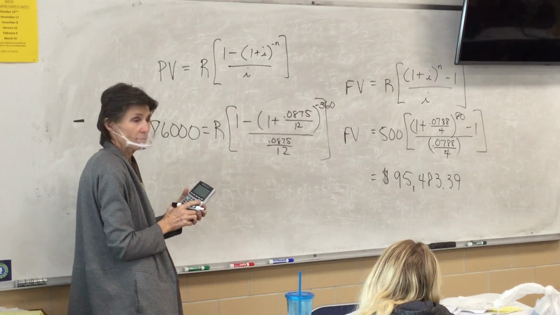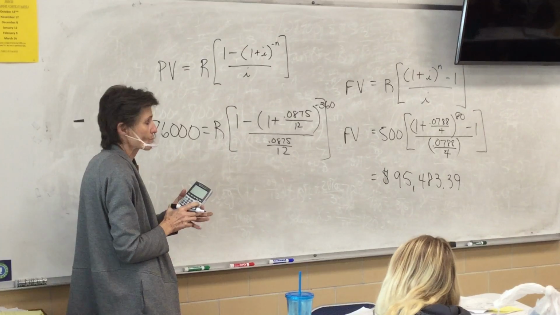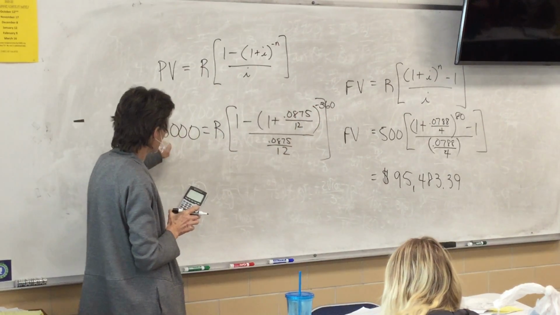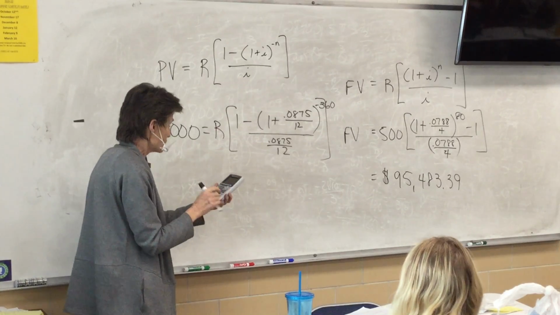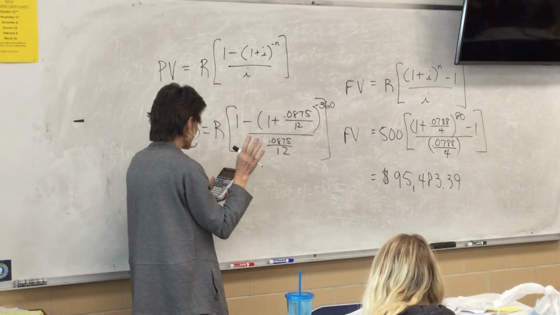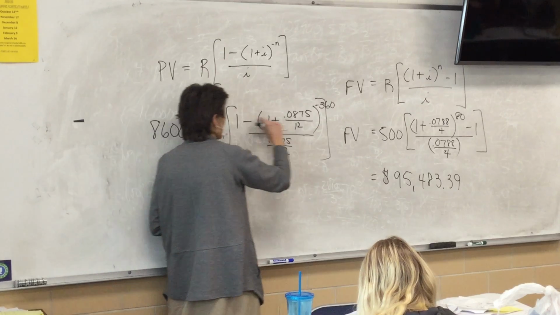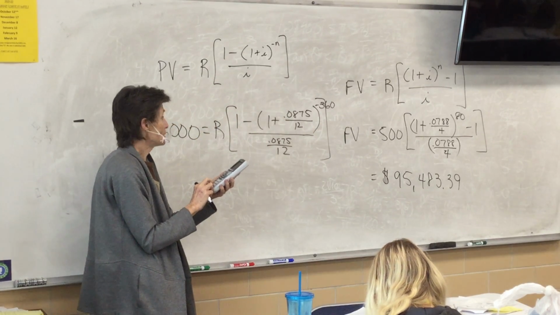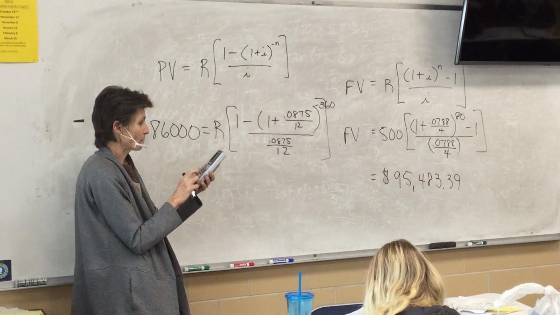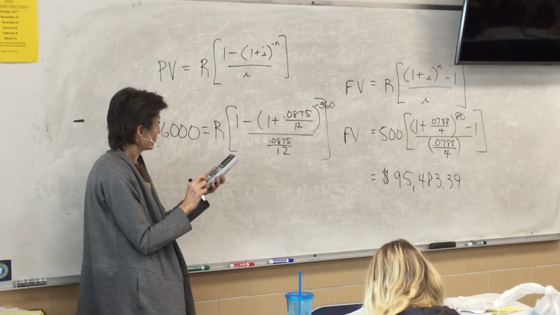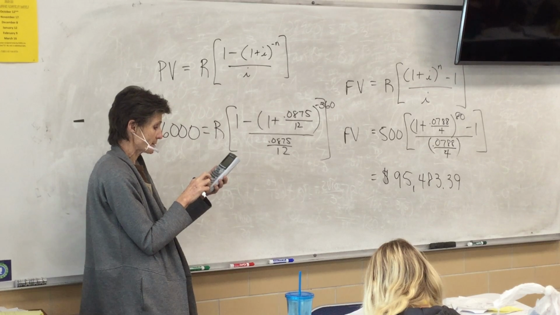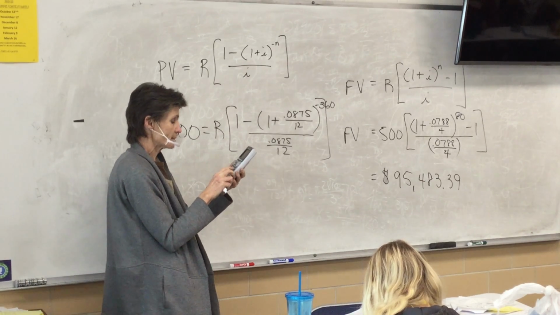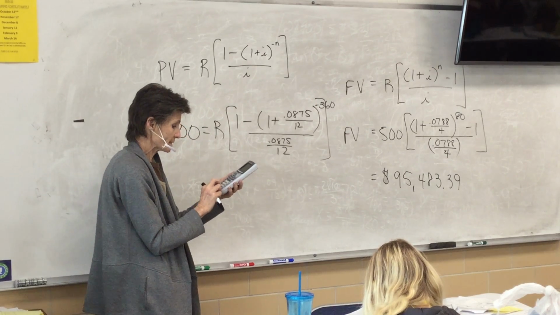Are we going to need logarithms? Nope. We're going to figure out what this is, and then divide 86,000 by that. Again, this is my style, it doesn't have to be yours. I'm going to type in that numerator exactly the way I wrote it. So 1 minus parentheses, 1 plus 0.0875 divided by 12, close parentheses, raised to the negative 360th.